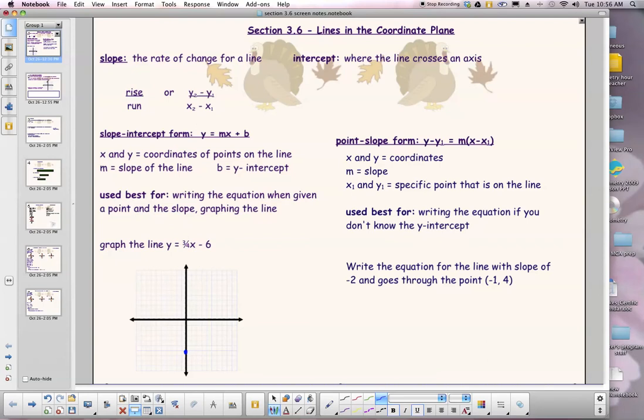And then your slope, your rise over your run, would be 3/4. So from -6, you would rise 1, 2, 3, and you would run 1, 2, 3, 4. And then once you have 2 points, that determines the line. So you would draw a line through your points, and that's the line that is represented by that equation.